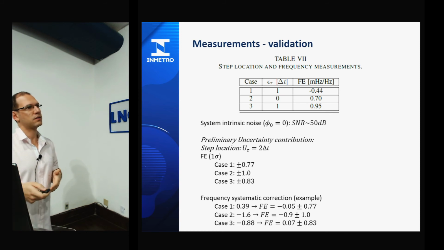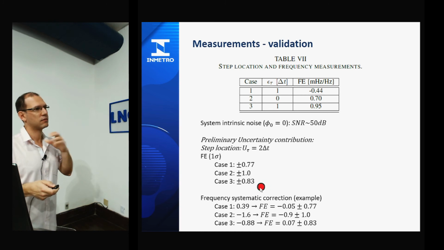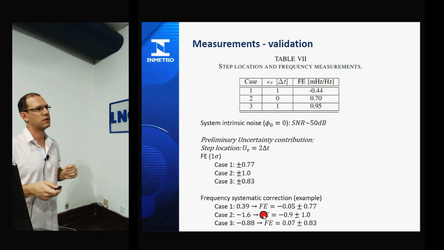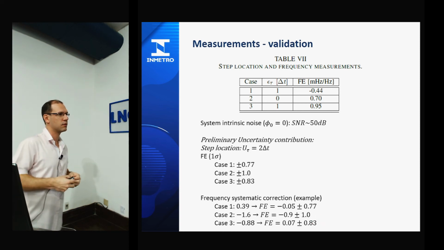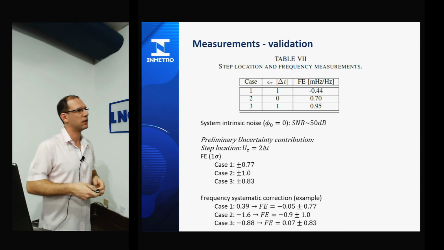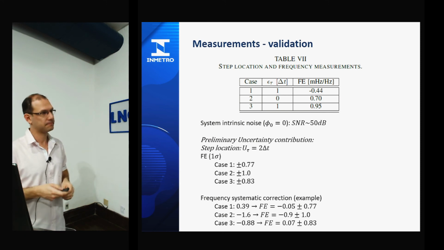As we have bias and we have an estimation of the signal-to-noise ratio, we can make a first systematic correction and have these measurements for frequency. As an example, using this as an uncertainty, of course we need to make more studies on the uncertainty contributions, but it is a first uncertainty estimate for these measurements.